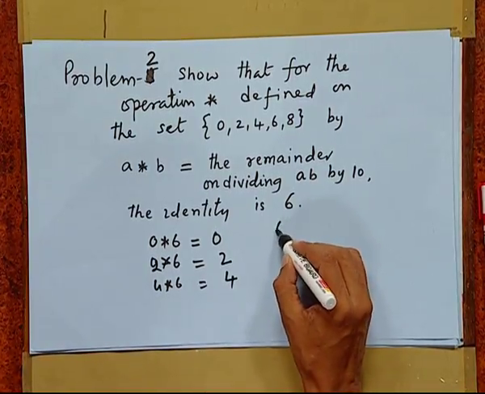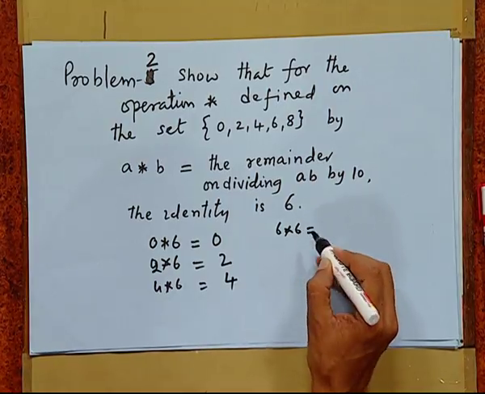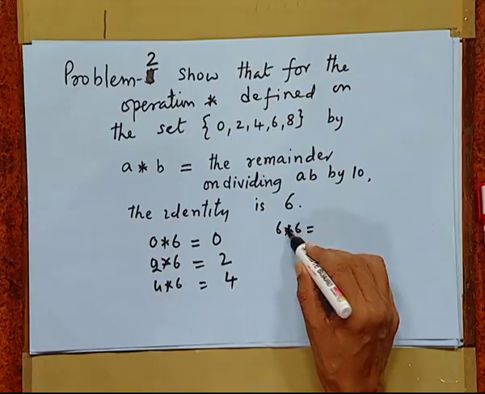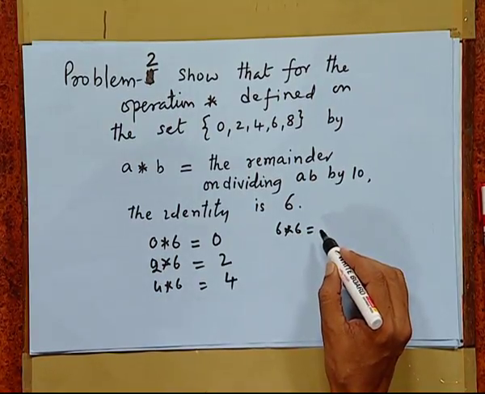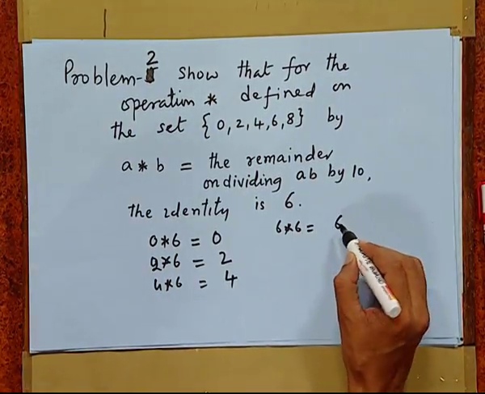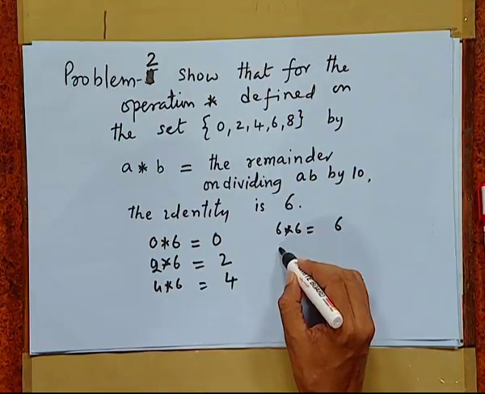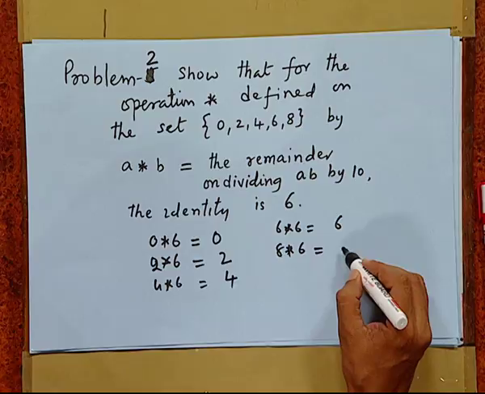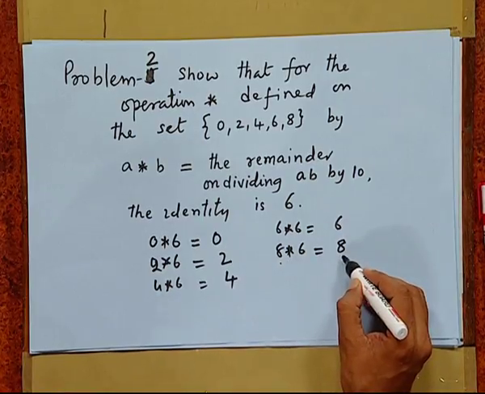Then we have 6 star 6: 6 times 6 is 36, but when you divide 36 by 10, the remainder is 6. Then 8 star 6: 8 times 6 is 48, and when you divide 48 by 10, the remainder is 8. So, 8 star 6 is 8.